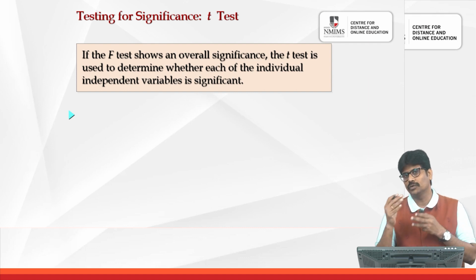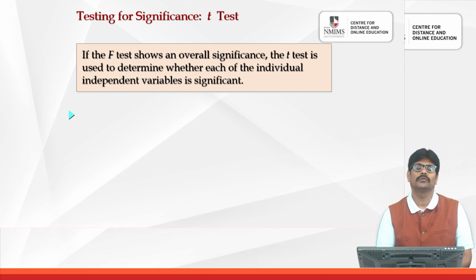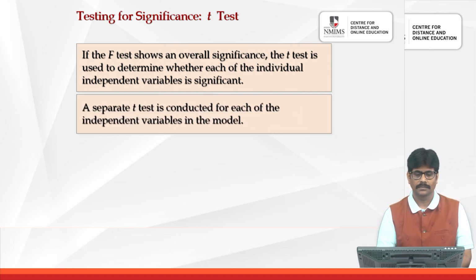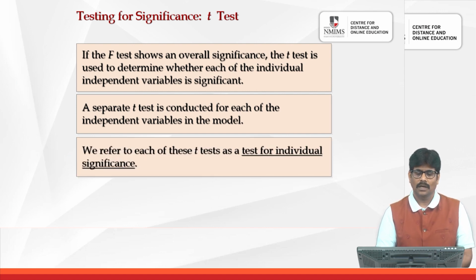Once we have established that, we move on to the T test, to understand which variable among the set of independent variables is significantly contributing. A separate T test is conducted for each of the independent variables in the model, and this we refer to as the test for individual significance. The F test we refer to as the test for overall significance.